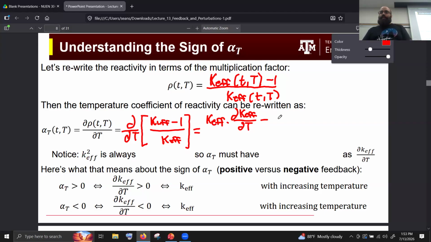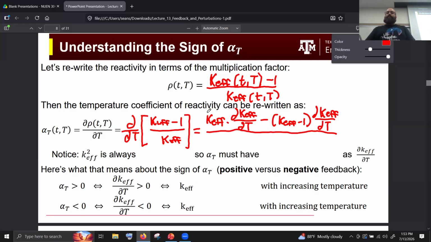So the high function is just that K effective minus 1, and then the derivative of the low function is again dK effective dt. That's how I learned quotient rule. The mnemonic I learned is low d high minus high d low. So that's exactly what the numerator would be. And then it's all over the low function squared. So then this would be all over K effective squared.